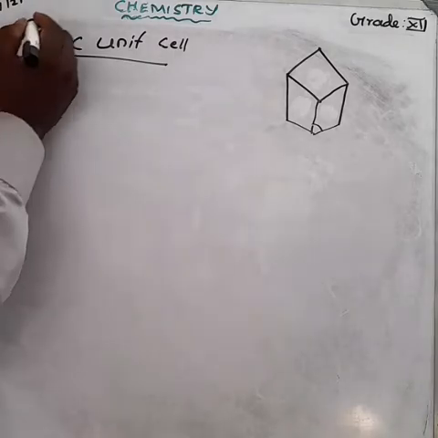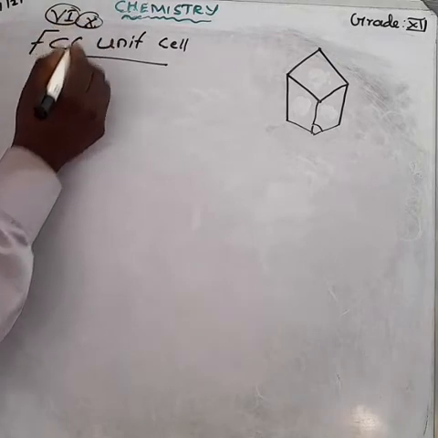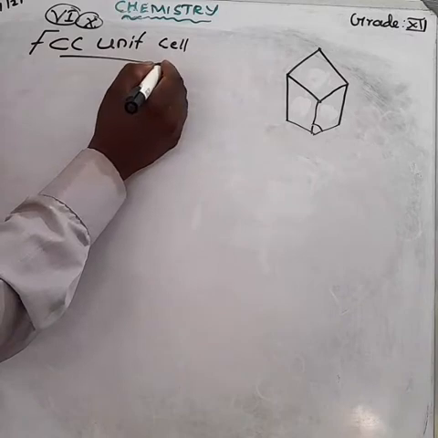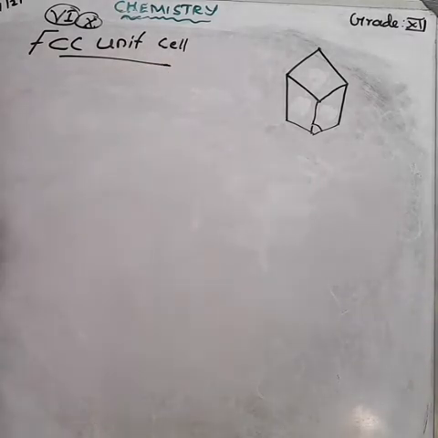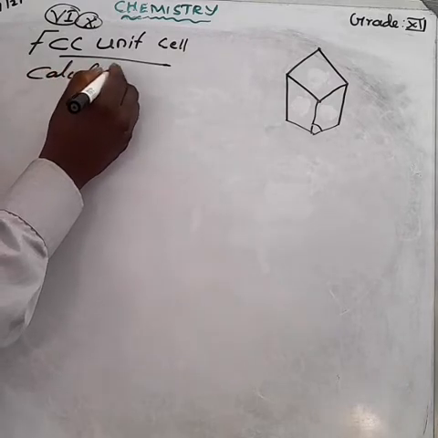Very important question. Cubic close packing is based on the face-centered cubic unit cell. How can you calculate the packing efficiency in the FCC unit cell?